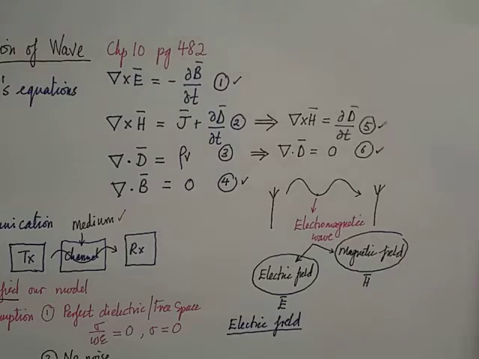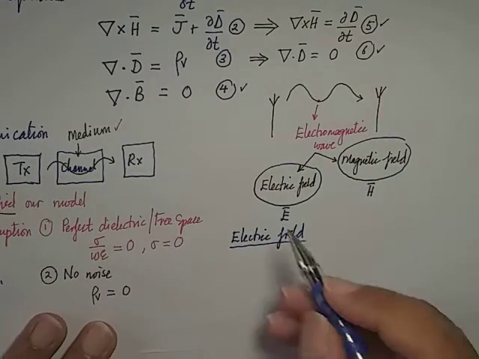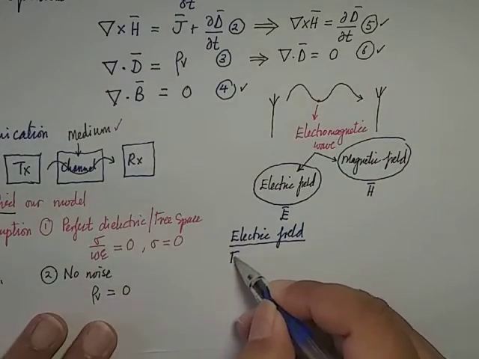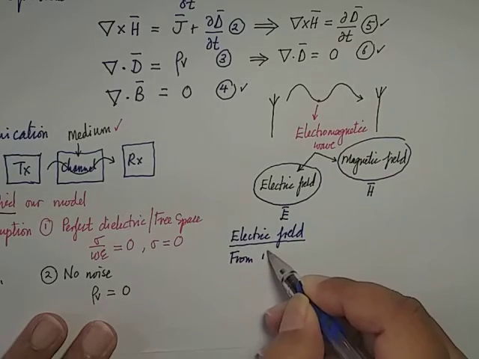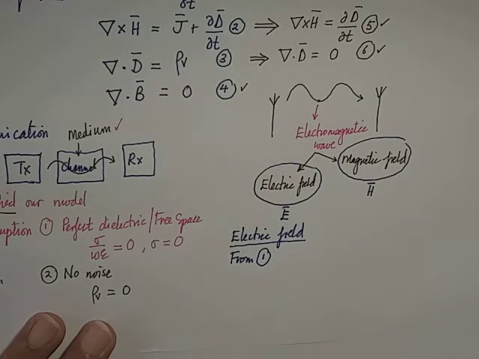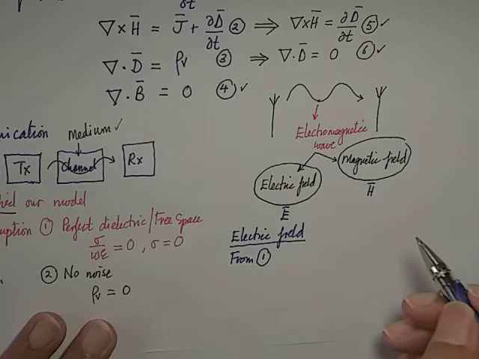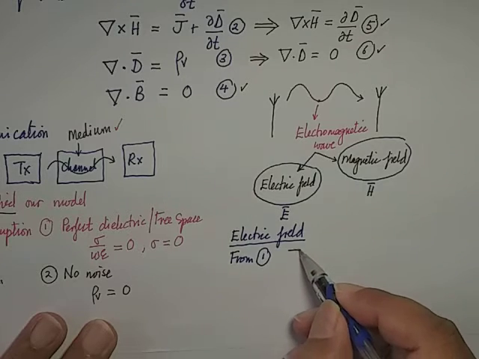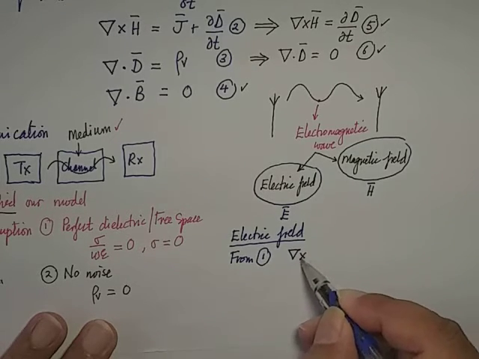So from 1, I'm going to use equation number 1. Okay, this is why you see Maxwell is very important. So let's curl the left hand side of the equation.